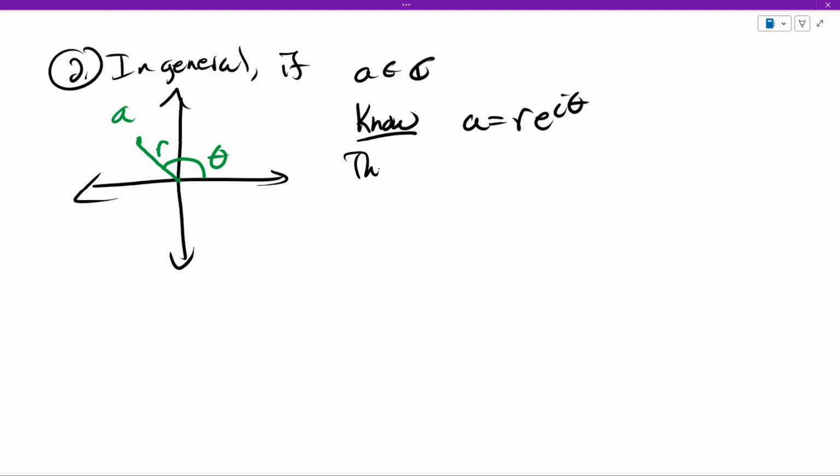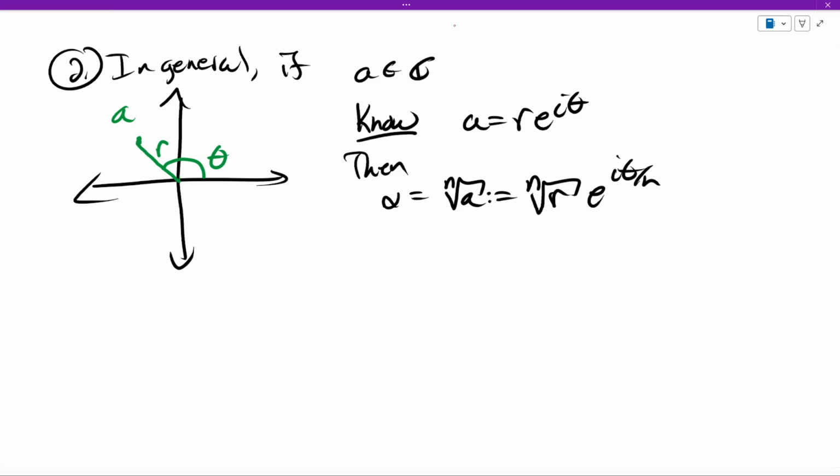So then the starting nth root, which I'm going to call alpha, which is the nth root of a, is really going to be the nth root of r e to the i theta over n. So this is sort of like a definition of the nth root. You take the nth root of the length, the distance to 0, or the length of the complex number, and you divide the angle by n.